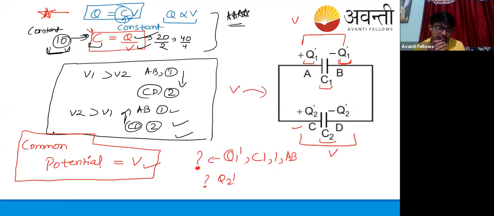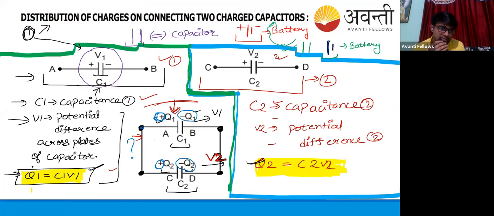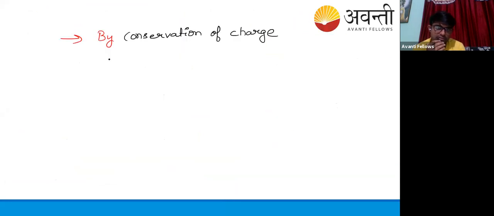Initial condition was this, that is having Q1 charge, see at the bottom left, Q1 charge. And now see at the bottom right, Q2 charge. Initial conditions in both the capacitors: Q1 was C1 V1, Q2 was C2 V2. Okay. So what were the initial charges? Q initial for the first capacitor was Q1, and Q initial for the second capacitor was Q2.